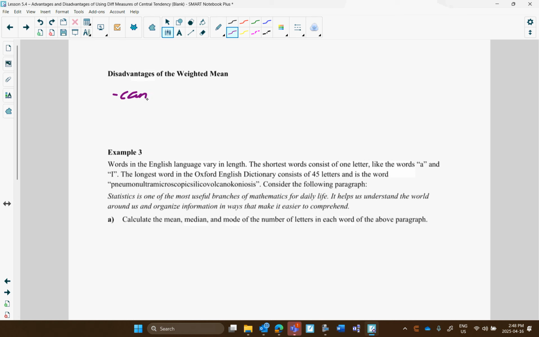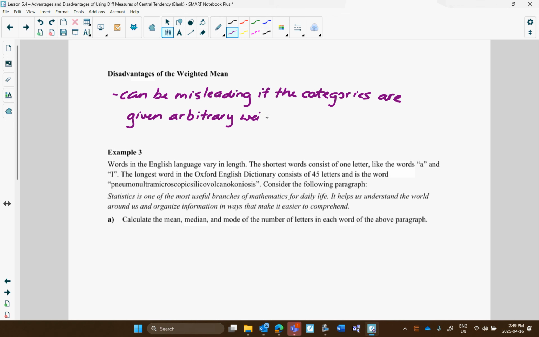A disadvantage that we didn't talk about yesterday, it can be misleading if the categories are given arbitrary rates or weights. That means the weights that they're given don't really make sense.